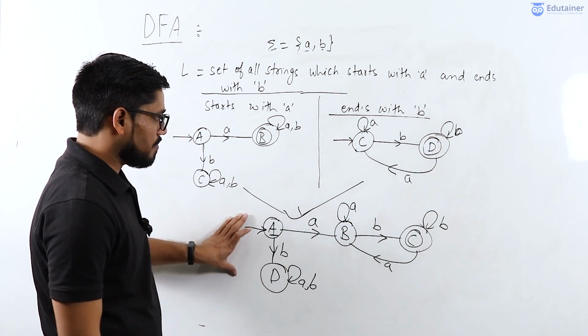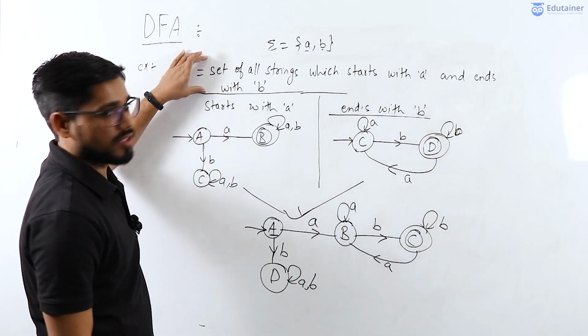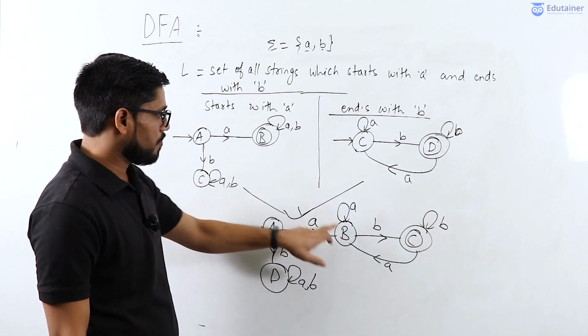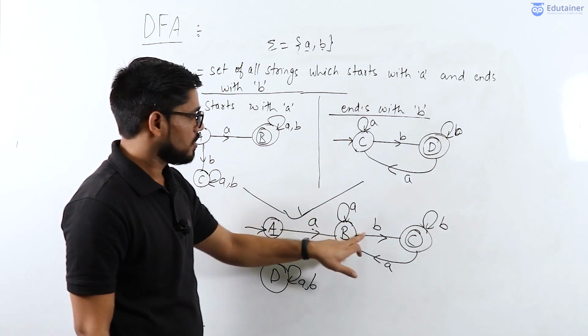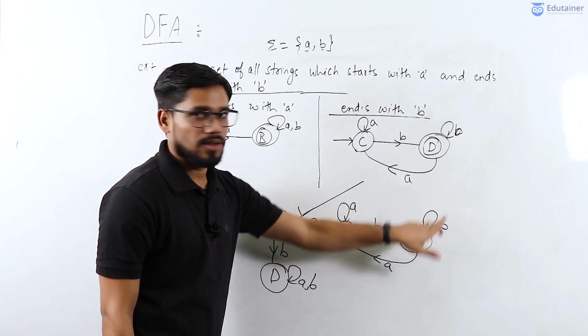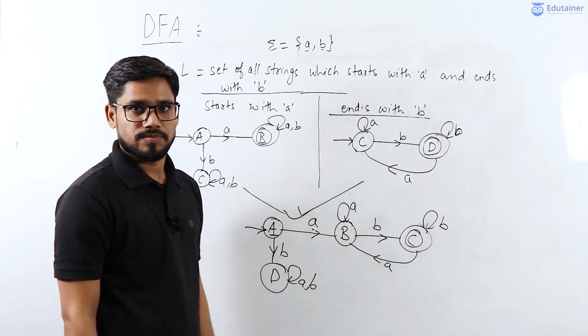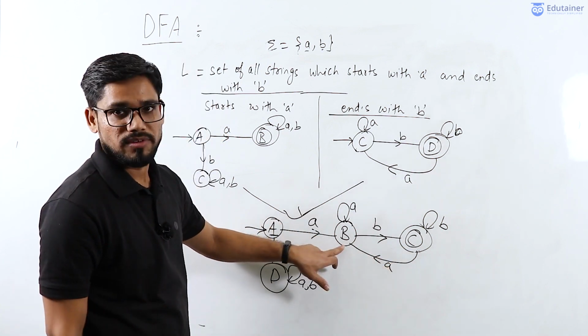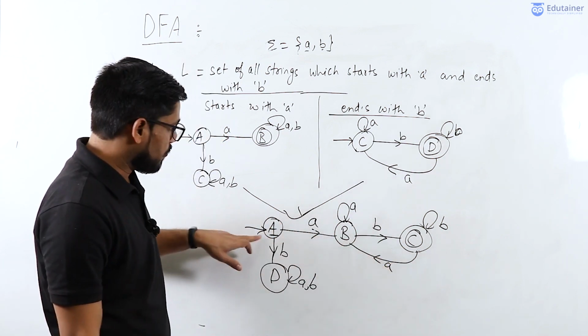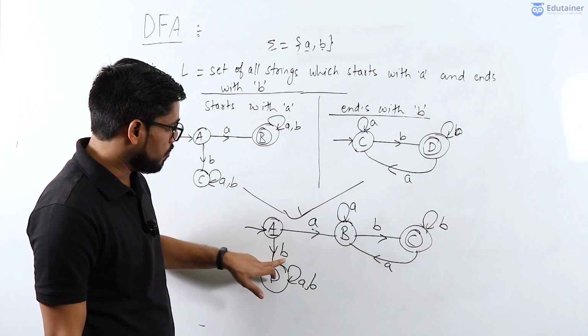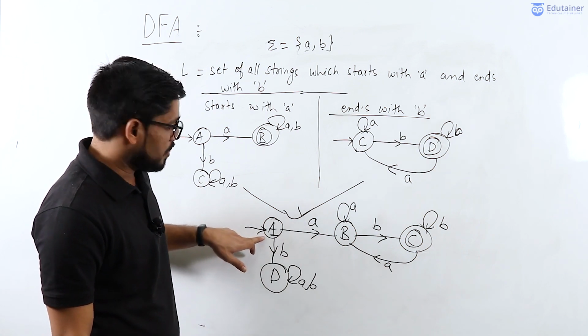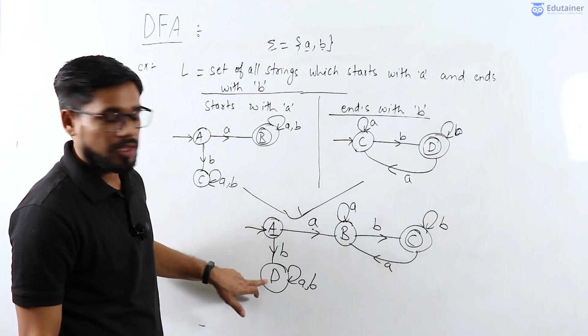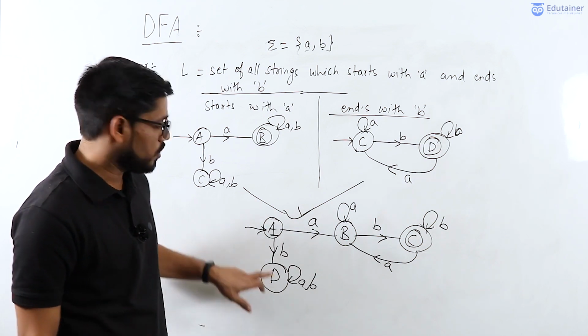Okay, so this is the final DFA for language L. It will start with A, take any number of A's, then take B and take any number of B's and accept it. And if it sees A at the final state, then it will go back to the previous state. Okay, and if it sees a B starting from the initial state, then it will simply reject the string by going to the dead state.